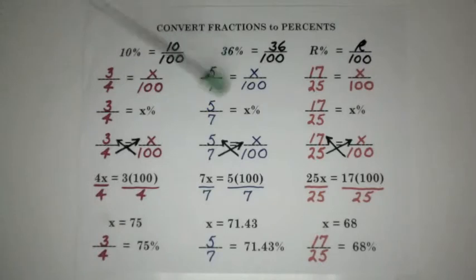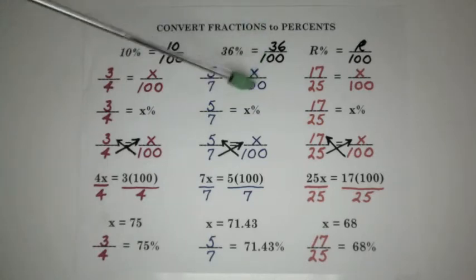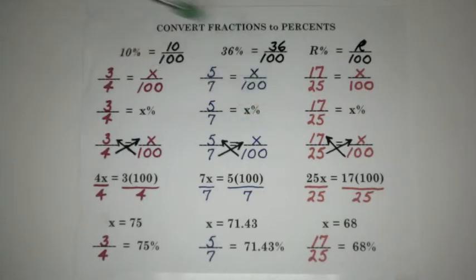When I do, whatever is in the numerator is my percentage. X over 100 means x percent. 10 over 100 means 10%. 36 over 100 means 36%.